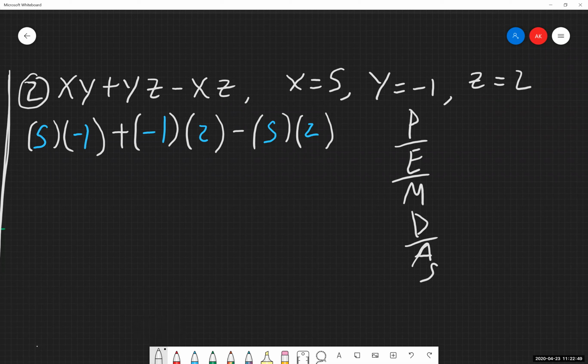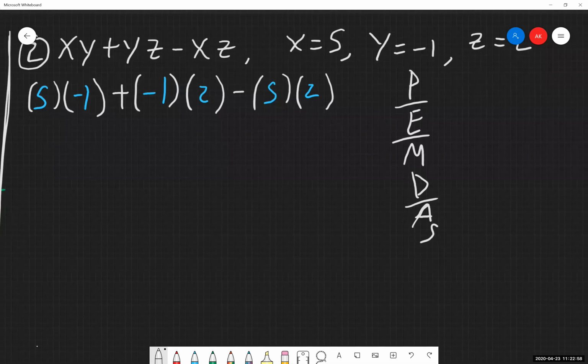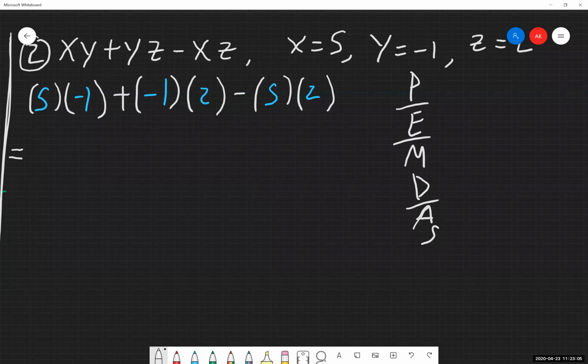So again, just working with our parentheses, I can't simplify anything inside the sets of parentheses that I have there. So I'm moving on to exponents, don't have any exponents. I have multiplication, so I'm going to multiply things together. I'm going to get 5 times -1, it's going to give me a -5. I have a -1 times 2, and that's going to give me a -2. And a -5 times 2 is going to give me a -10.